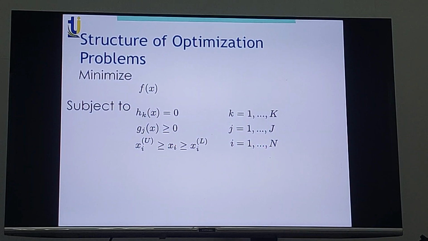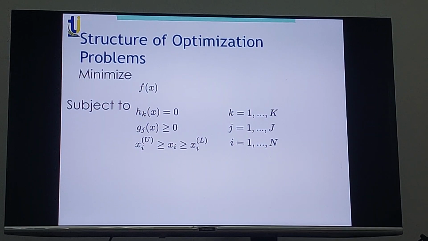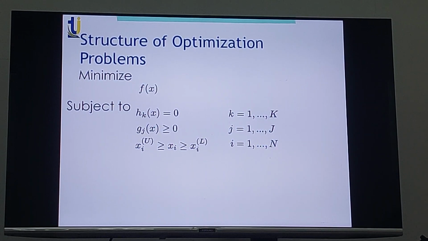So f(x) is an equation that consists of several x, a function that you want to minimize by changing the x. And how can you change it? It's based on the subject-to constraints. So there are several equations under it, which basically find boundaries.